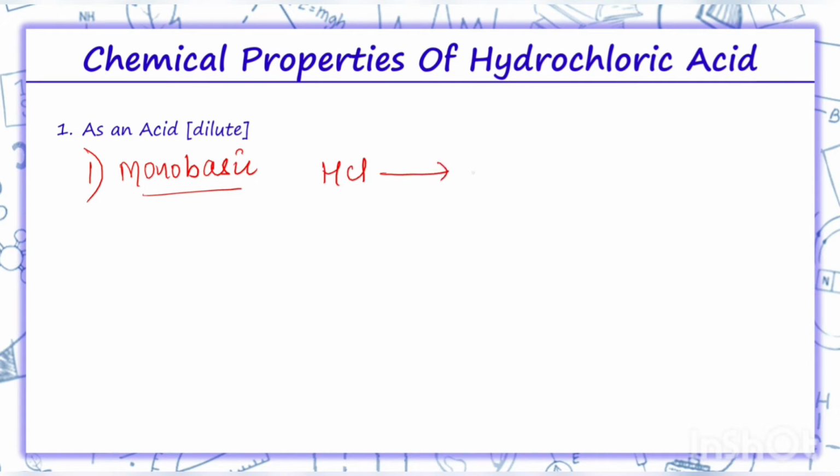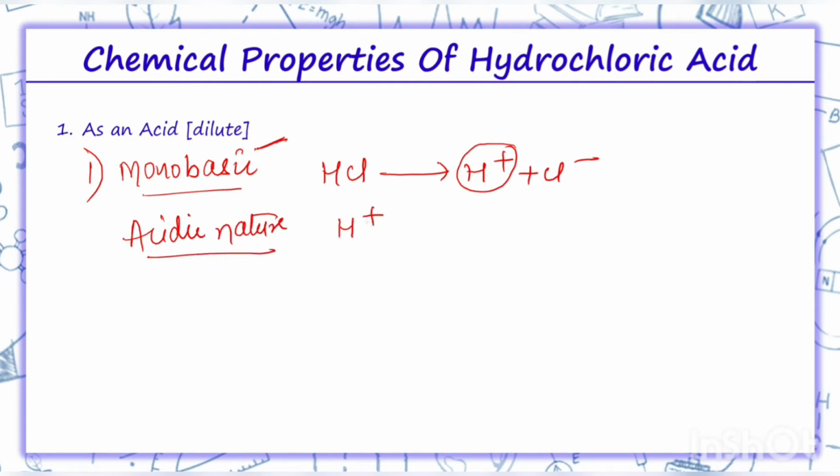Because HCl dissociates into H plus and Cl minus, since it imparts one H plus ion, therefore it is known as monobasic. Secondly, we say it is acidic in nature. The presence of H plus ion in HCl imparts acidic property to an aqueous solution of HCl acid.